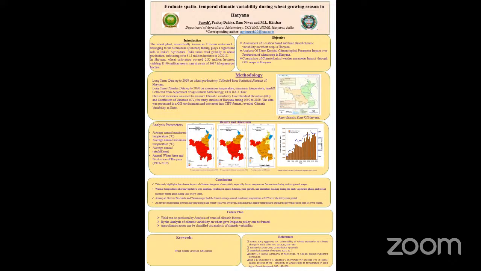These districts show higher temperature as compared to the eastern climatic zone. From this study, we also conclude that among all districts, Panchkula and Yamunanagar had the lowest average annual maximum temperature at 28 degrees Celsius over the 30-year period.